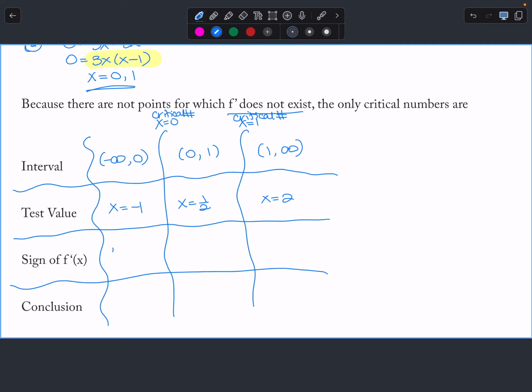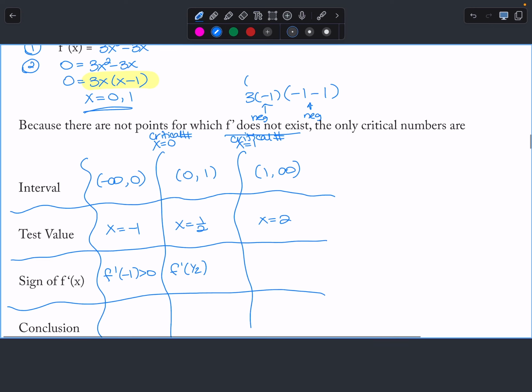So when I plug in f prime of negative 1, I'd have 3 times negative 1 and negative 1 minus 1. This guy is negative. This guy is also negative. 2 negatives multiplied together give me a positive. F prime of 1/2: three times 1/2, and 1/2 minus 1.